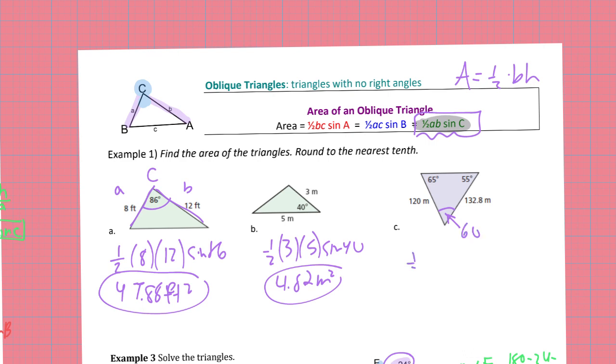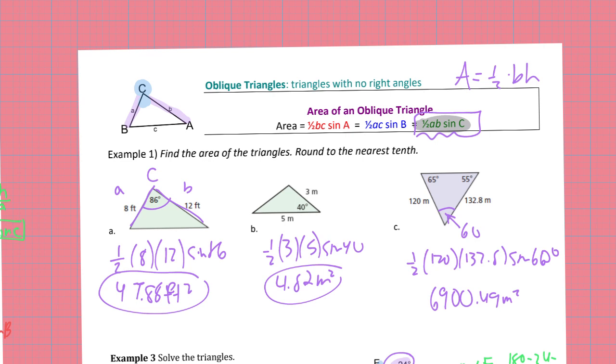So again, 1/2 times 120 times 132.8 times sine of 60 degrees. That'll give you the area to be, that's a big number, 6900.49 meters squared. I believe that I read that correctly.